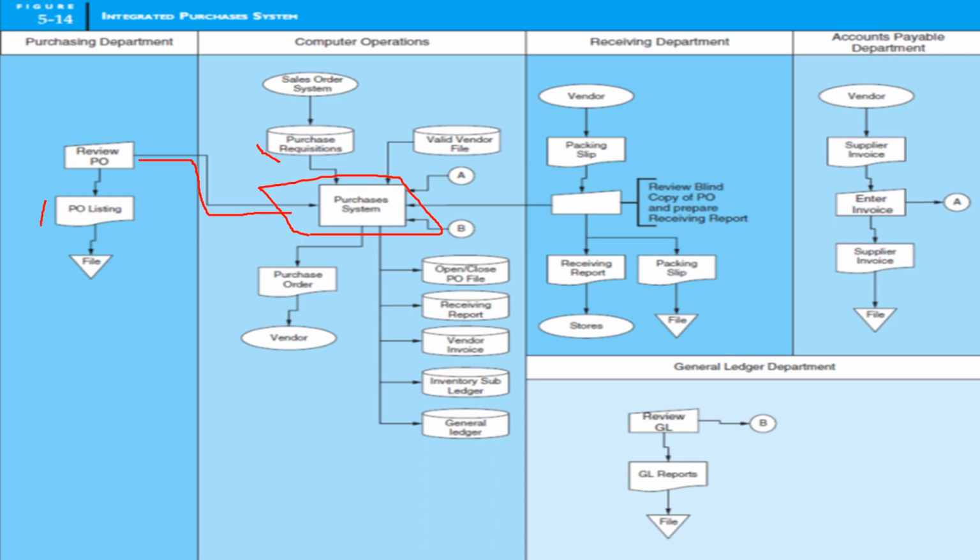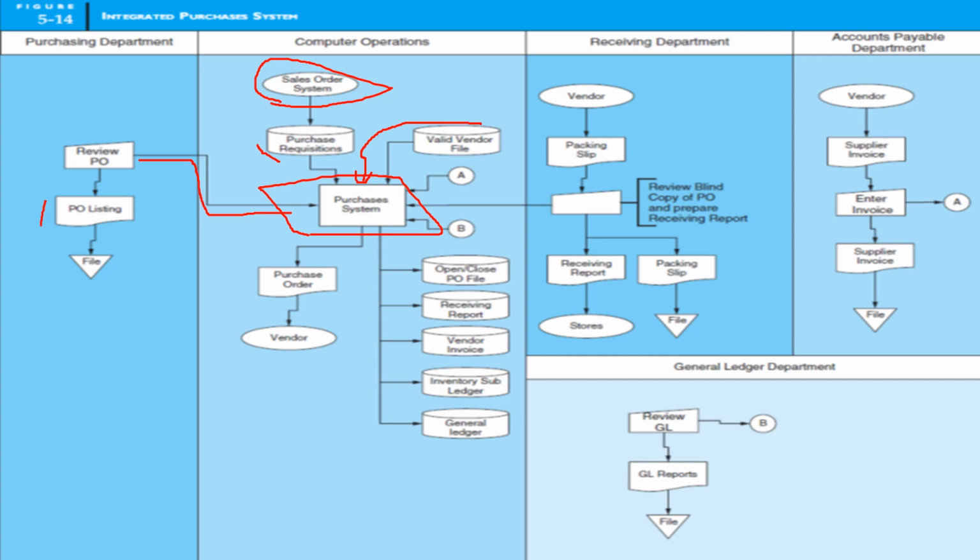We check the purchase requisition file from the sales order system; based on the sales forecast, the system can create a forecast of purchase requisitions. We will have the digital vendor file as an input as well, and then we will update the open and closed purchase order file, receiving report file, vendor invoice, inventories, subsidiary ledger, and general ledger file.